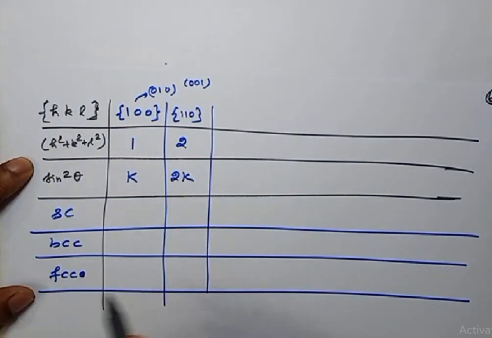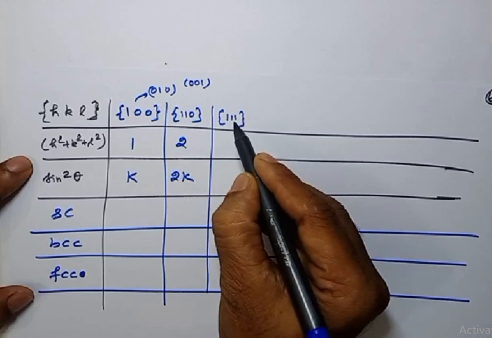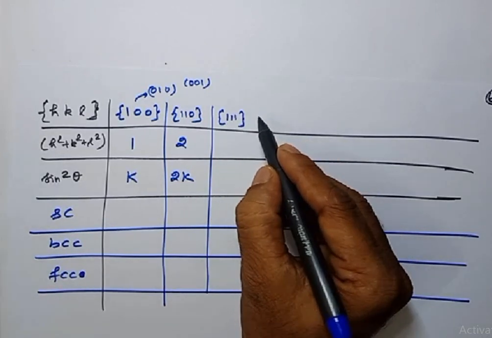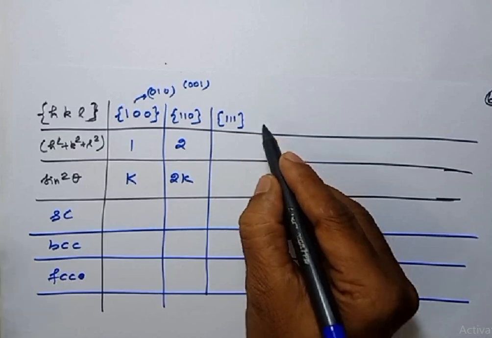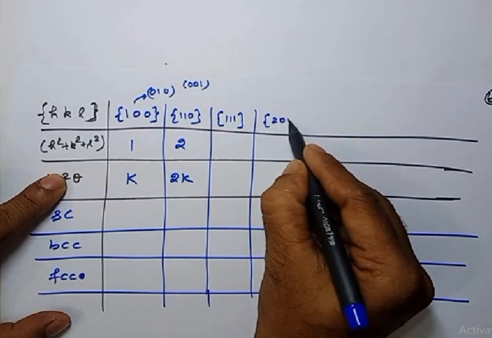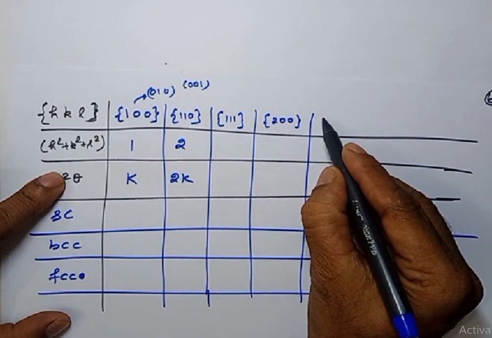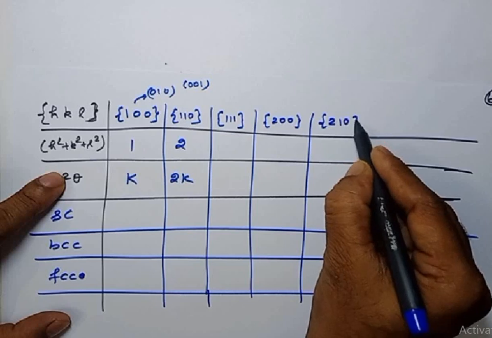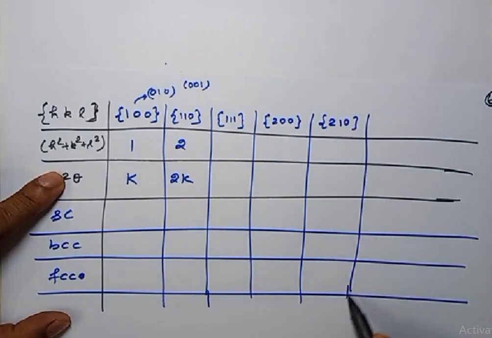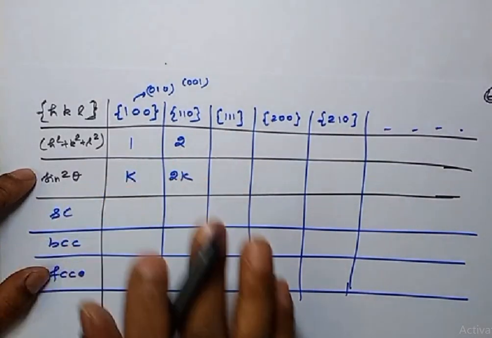Similarly, we have different families of planes like the 111 plane, then the 200 plane, then the 210 planes, etc. Many planes are there. Observe carefully.